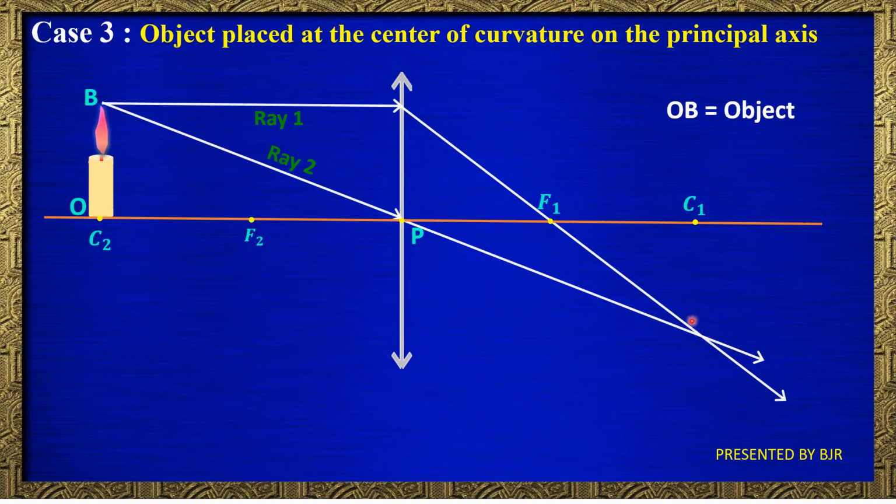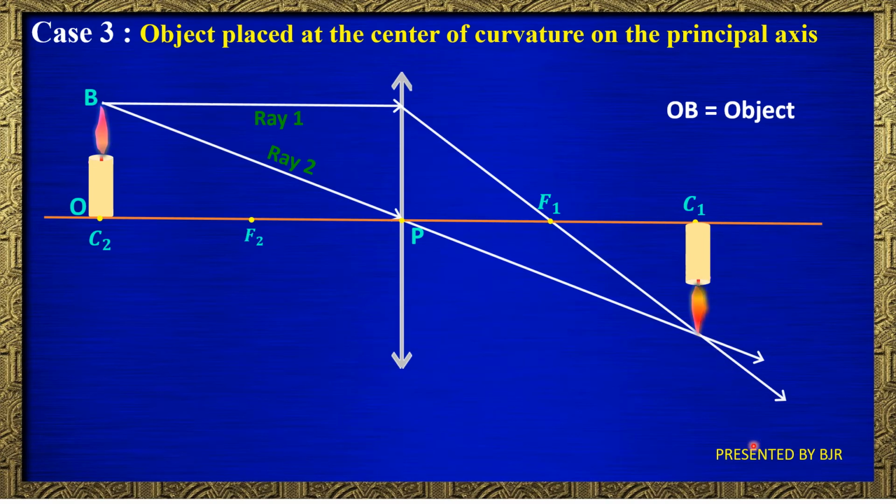Okay, these two refracted rays are crossing one another. So here image will be formed. That means this point of intersection is the image of the point B. That's why here image is formed like this.